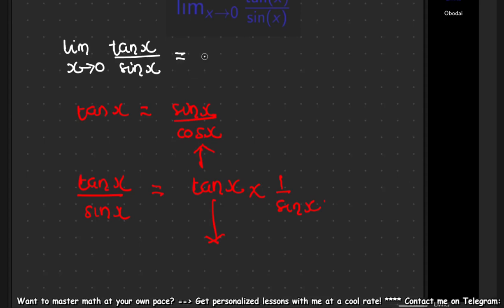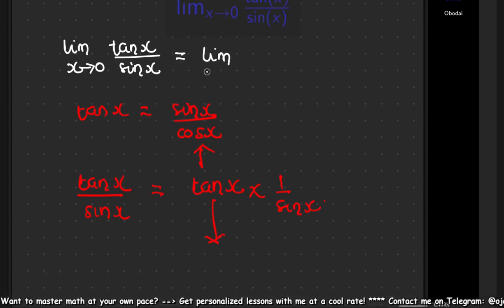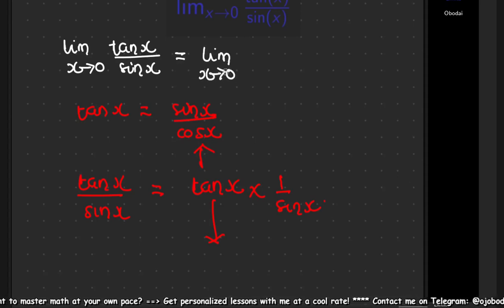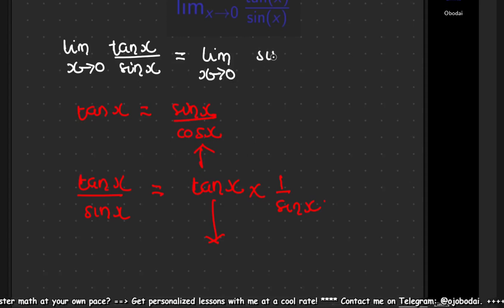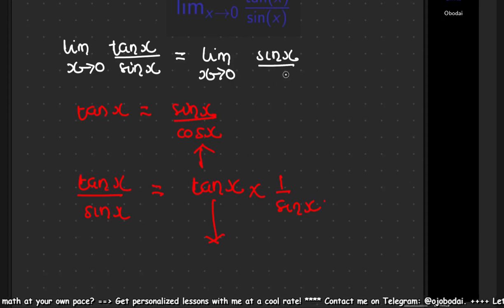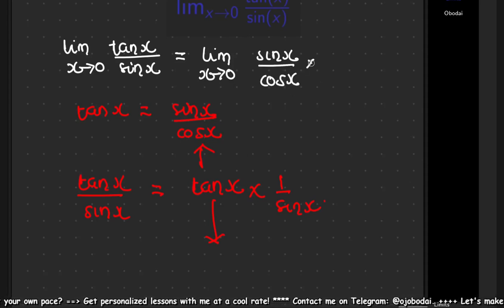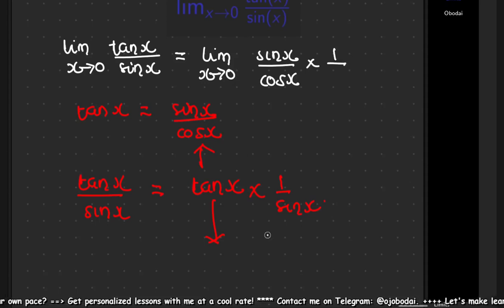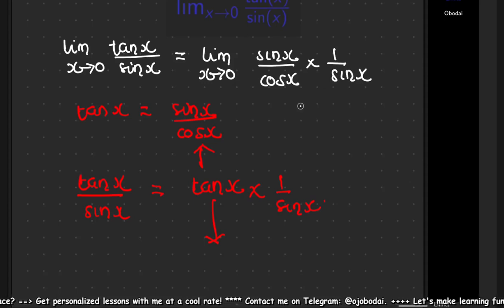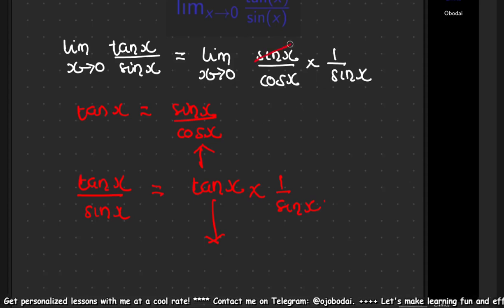This gives us the limit as x approaches 0 of, substituting the tangent of x, we have sine x over cos x, then times 1 over sine of x. Now looking at it, you realize that this sine of x can cancel out the sine of x.